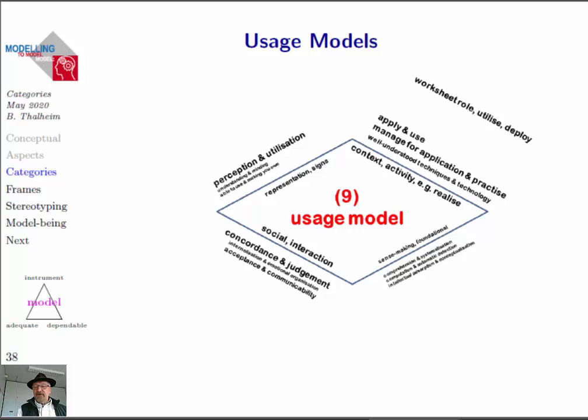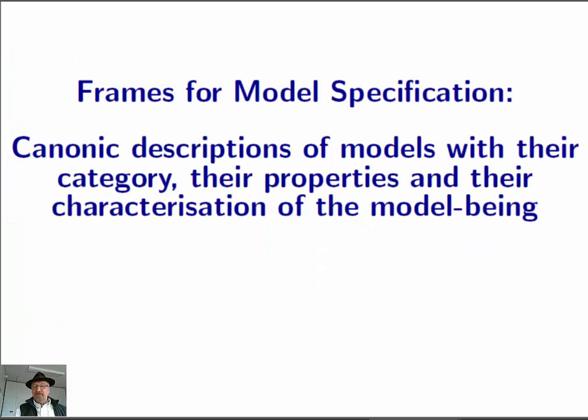The main part, however, is that we are able to use and to apply the origin or whatever is described. That means we are able to manage our life cases for applications and for practices, and to practice as well. That is now the usage model.